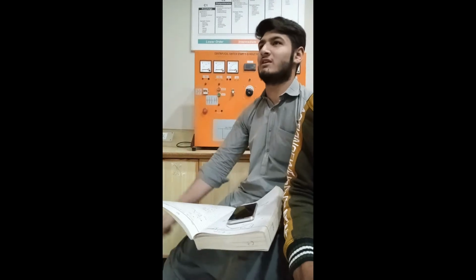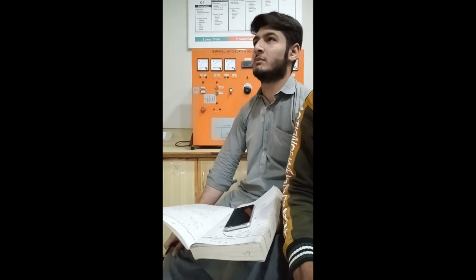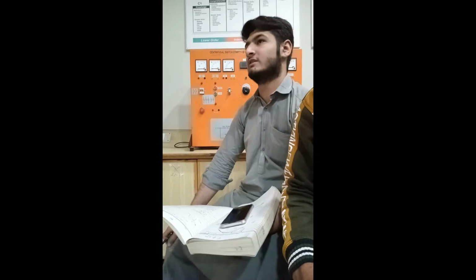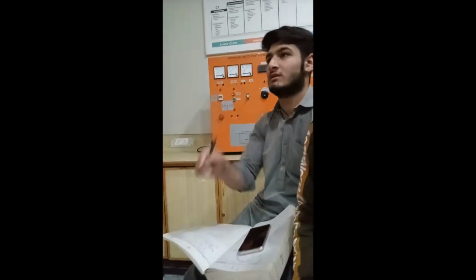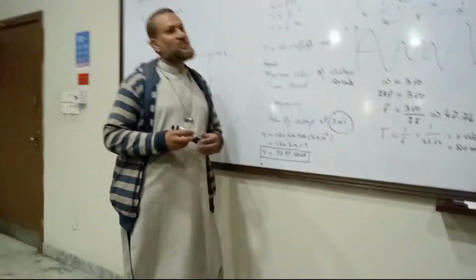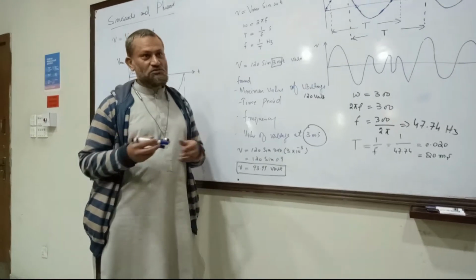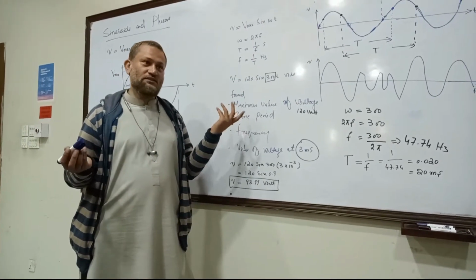Sir, why do we take 120 as V maximum and omega as 300? I chose these values just randomly.